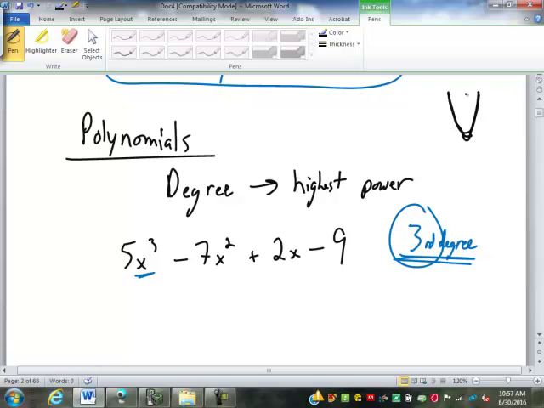Anything higher than a second degree, second degree would be x squared or y squared, we're not going to deal with in here. That would be something for a college algebra course. But that degree, that largest power on the variable, does go a long ways towards determining the shape of the graph of the line.